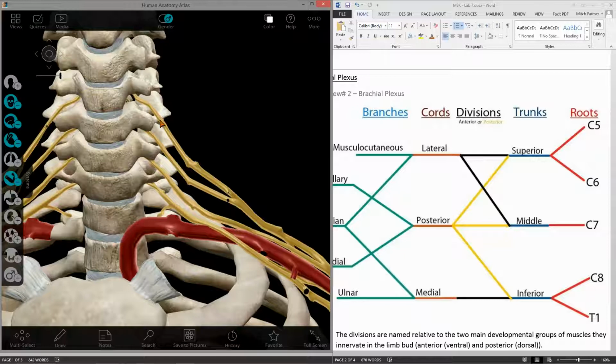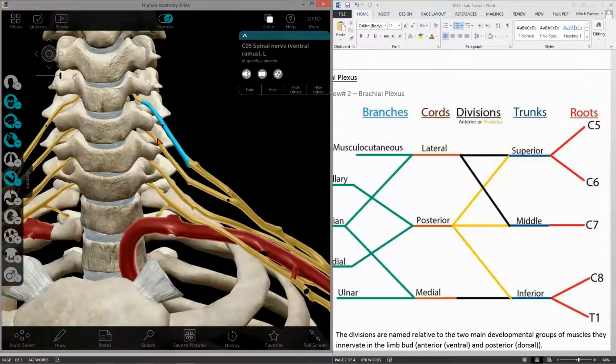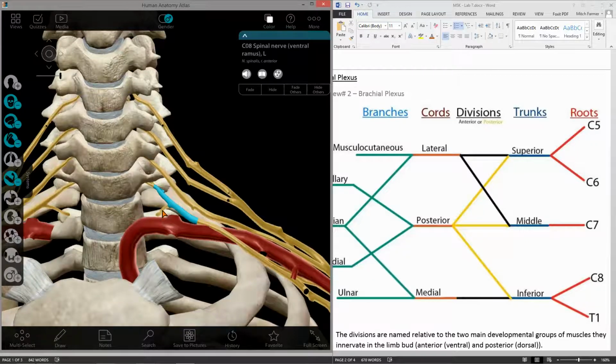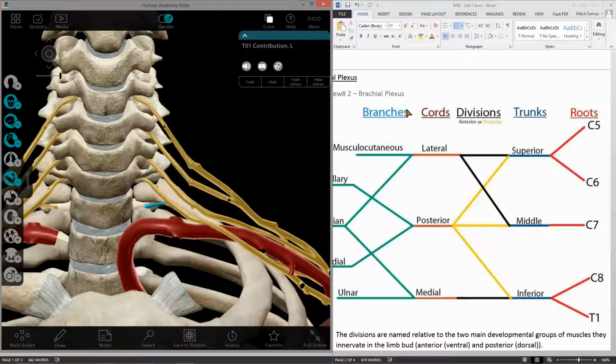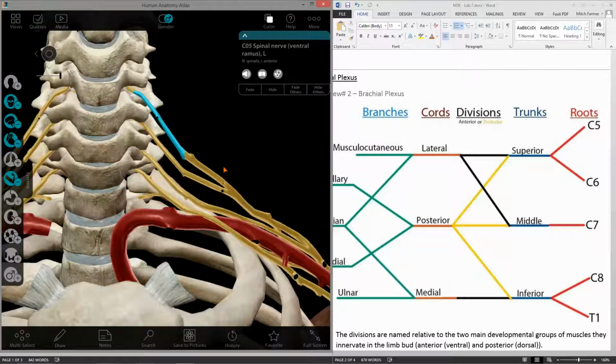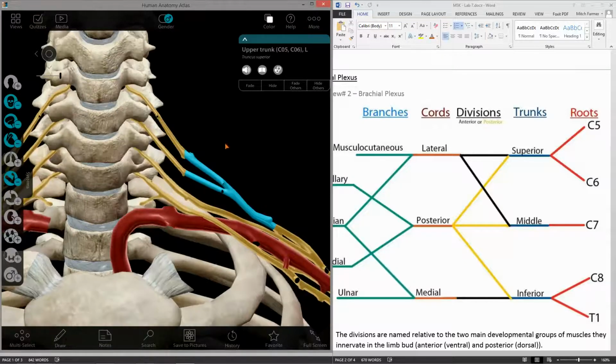The roots. So we have C5, C6, C7, C8, and T1. Those are the roots. Those go on to form trunks. So there is the upper trunk, or the superior trunk, the middle, and the inferior trunk.